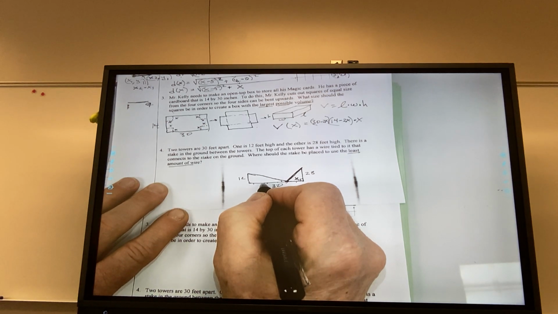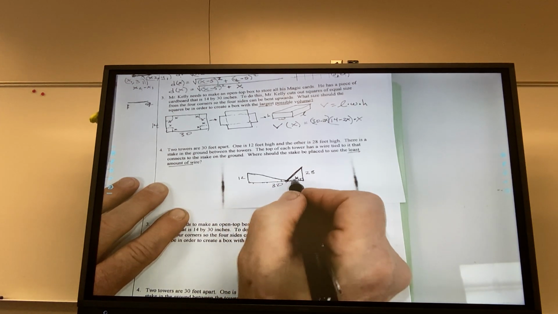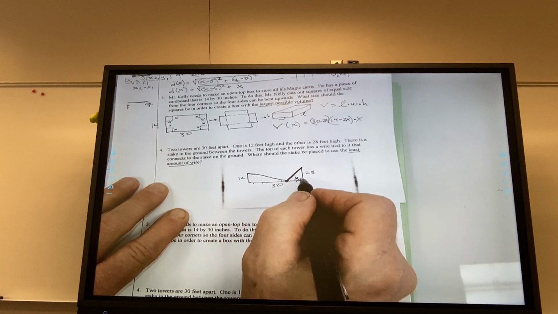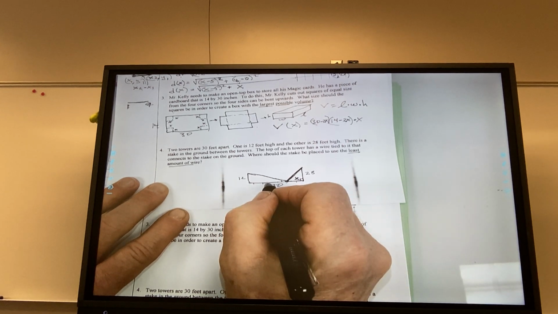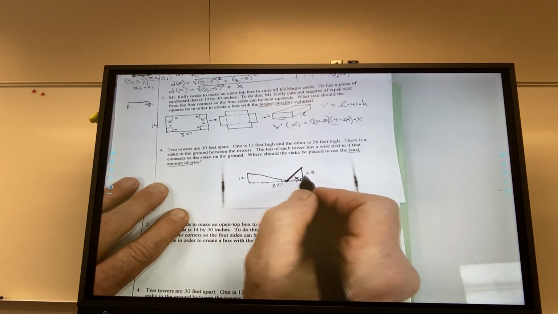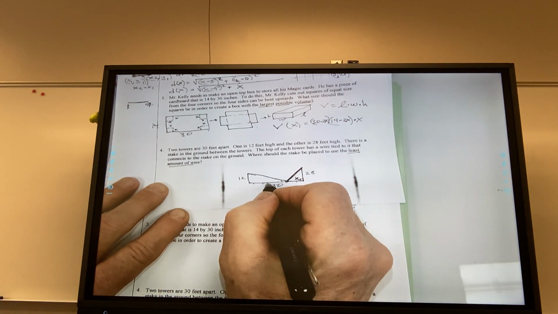Which one is it? It has to add up to 30. So what does it have to be? If it was 5, this would be 25. If it was 10, this would be 20. If this was 15, this would be 15.